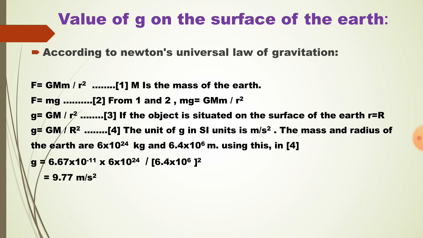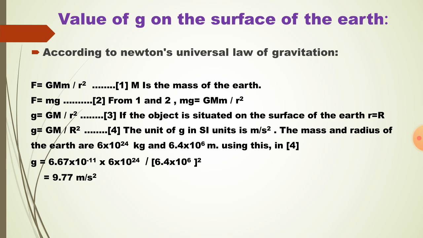The unit of g in SI units is meter per second square, and the mass of the earth is 6 into 10 raised to 24 kg, and the radius is 6.4 into 10 raised to 6 meter. Using this in equation number 4, what will we get?